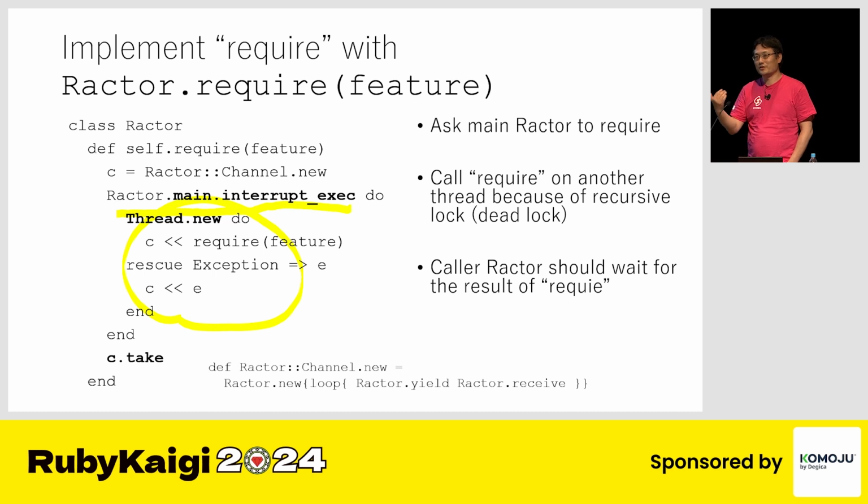From the child Ractor, the child Ractor needs to wait for the result of the require from the main Ractor. So the thread is needed to avoid double locking or deadlocking.